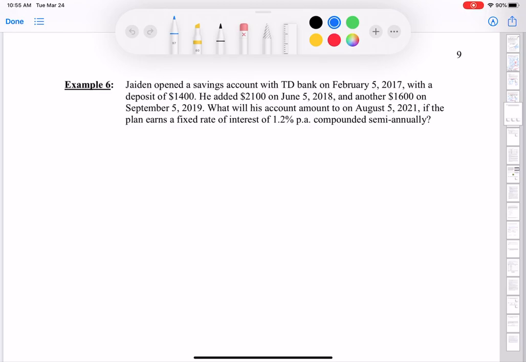So it says Jaden opened a savings account with TD Bank on February 5th, 2017 with a deposit of $1,400. He added $2,100 on June 5th, 2018 and another $1,600 on September 5th, 2019. What will his account amount to on August 5th, 2021 if the plan earns a fixed rate of interest of 1.2% compounded semi-annually?